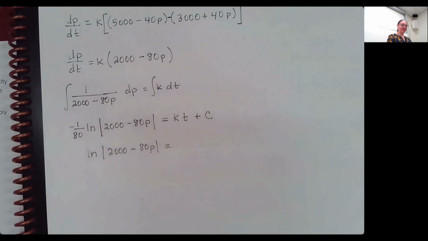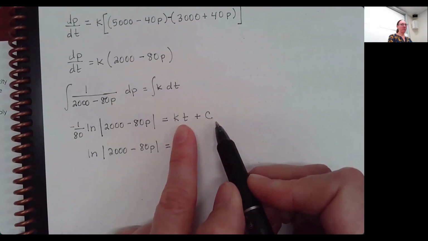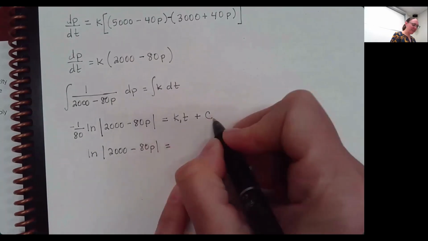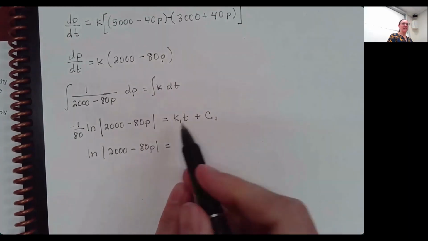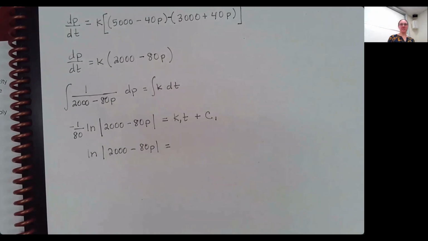I can relabel these, or I can multiply everything by negative 80. I'm going to choose a relabel. So if I relabel these, both K1 and C1 are getting multiplied by negative 80. They're just constants.